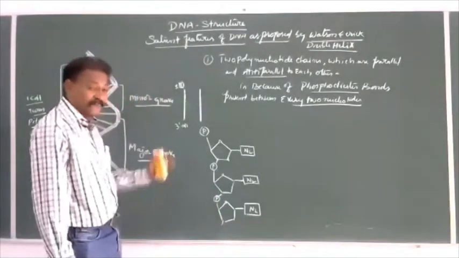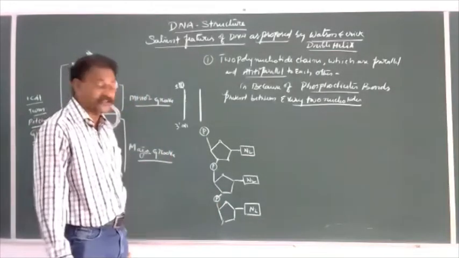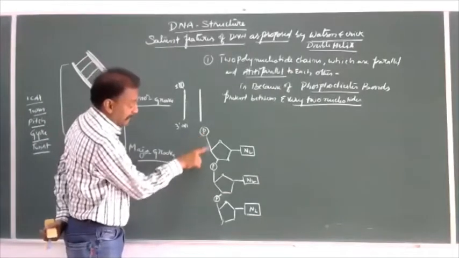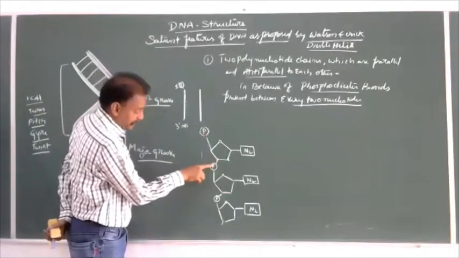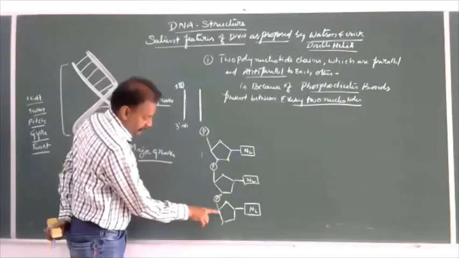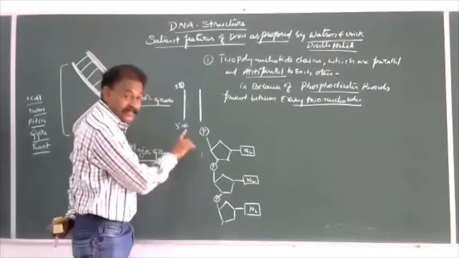So the phosphodiester bond formation is from fifth prime to third prime, fifth prime to third prime, like this.